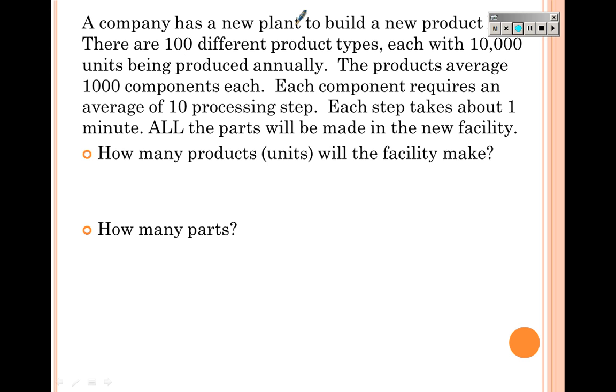Can you see where we're going with this one? Now we've got to change units to parts, so we're going to take 1 million units and multiply that by 1,000 parts, or components was the word we used earlier.